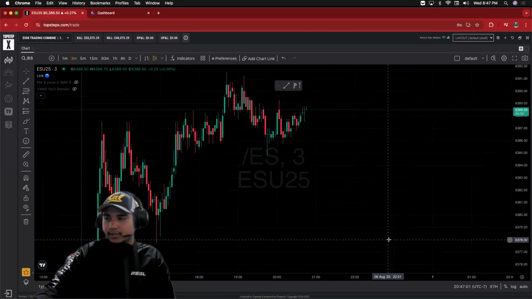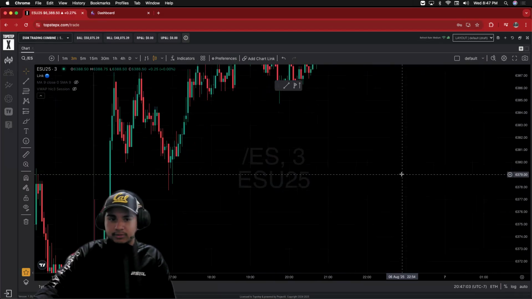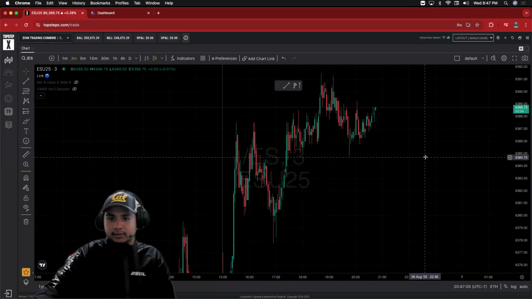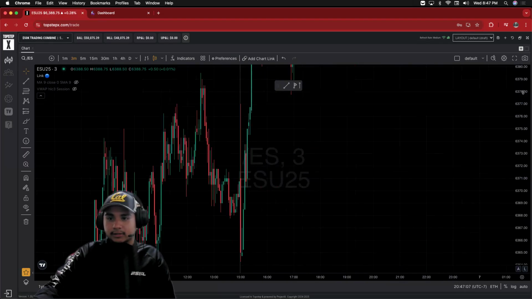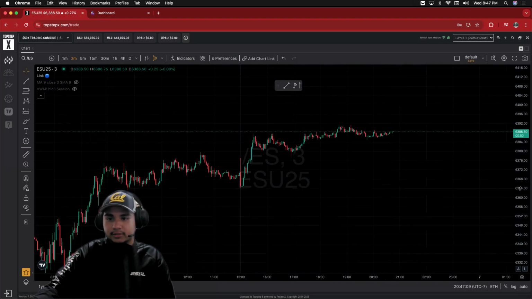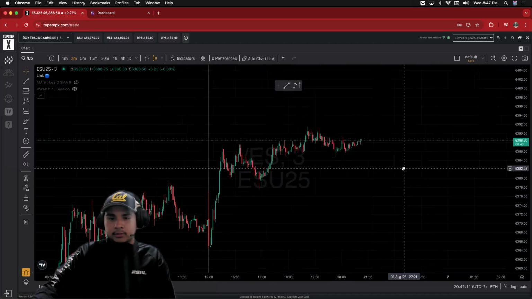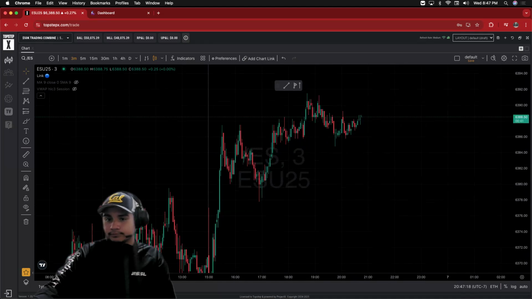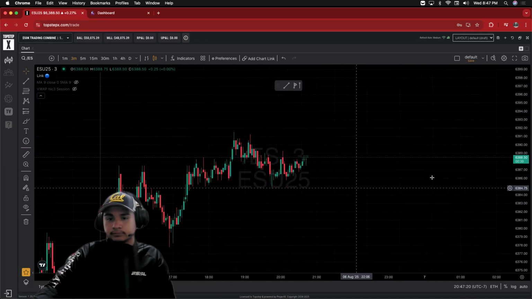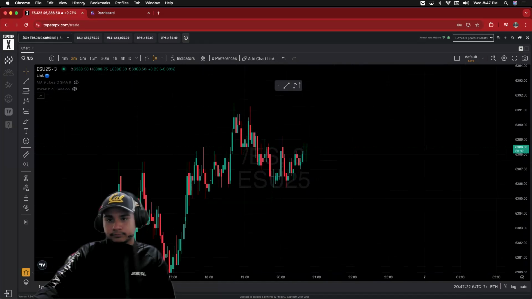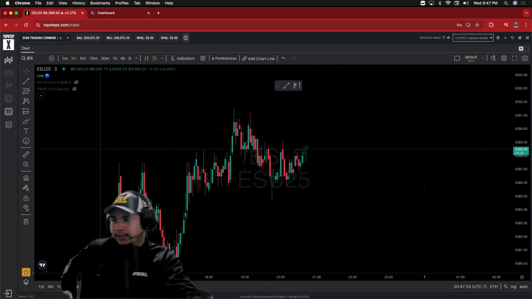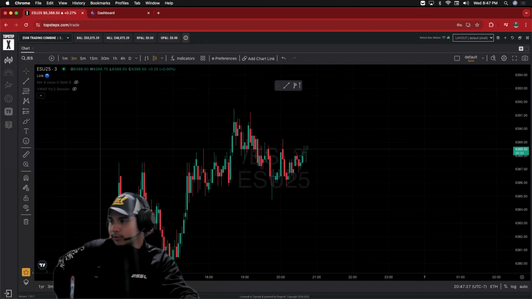And perhaps target maybe one target here, here, and even possibly down here. And that would probably be my trade for the day, my second trade.